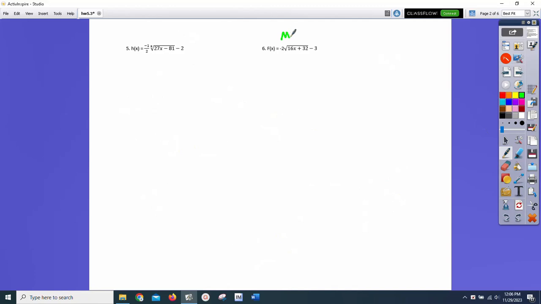This has a mother function of square root of x, which is the arm, goes through 0, 0, 1. Boy, this tracking is off. Looks something like that. My pen's not tracking right, but this is the arm. All right, that's what I'm going to draw. It has the same issue as 5 in that it is not in the form, because your form is y equals a square root of x minus h plus k.